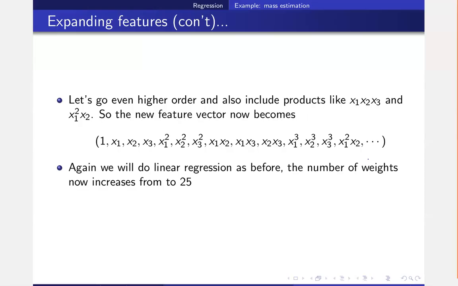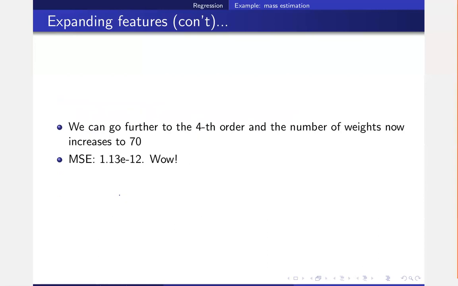In that case, you can verify that the number of features will increase from 10 to 25 now, and my mean square error is even smaller than 0.32. And I can continue to do that. Fourth order will give me, wow, a mean square error that is super small.